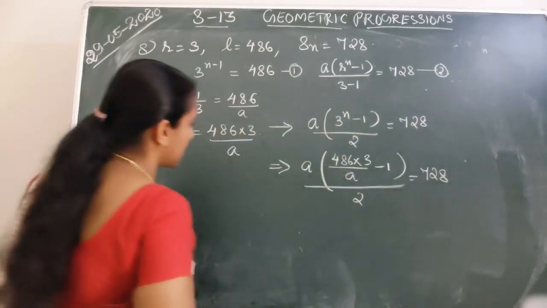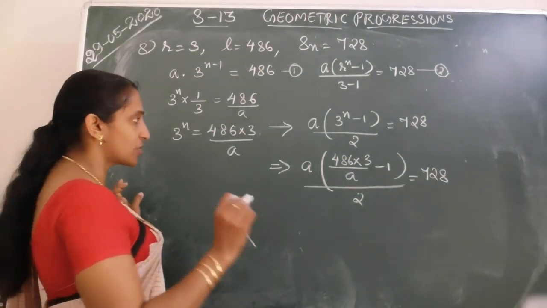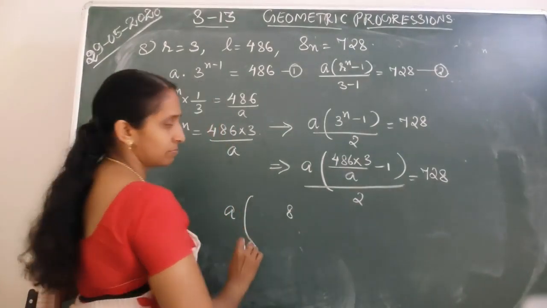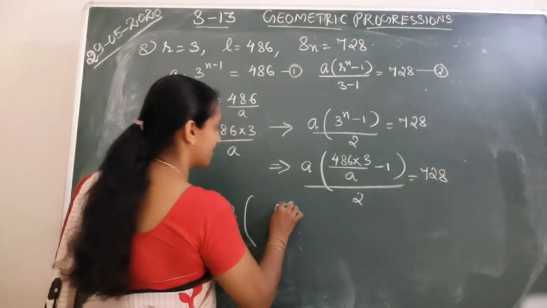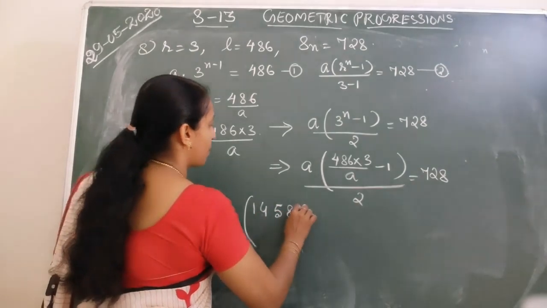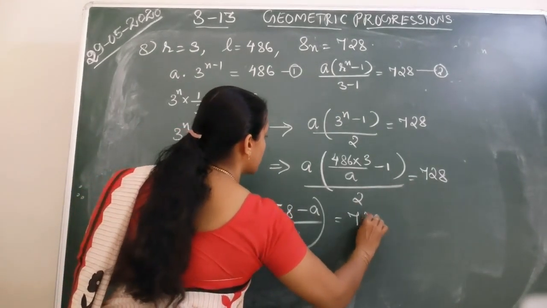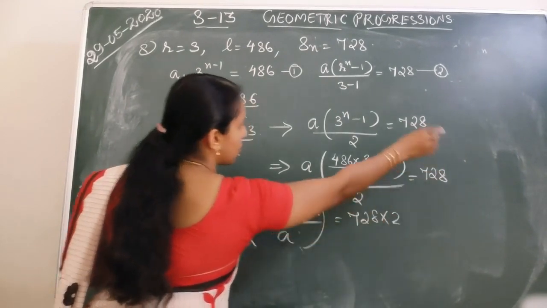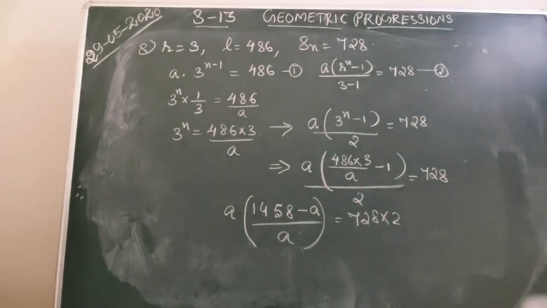The simplification I think you will do. A into, because I am giving all these simplifications so that at least once you will go through. Otherwise you won't solve it. Minus A upon A is equal to 728 into 2. This 2 will go upward. Okay, now simplify. Simplify and find this A and this A will cancel.